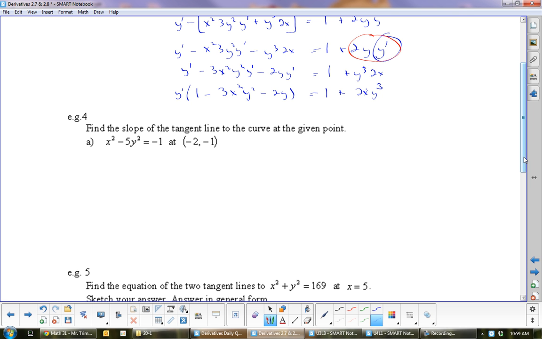Okay, so then y prime should equal 1 plus 2x y cubed all over 1 minus 3x squared y squared minus 2y.